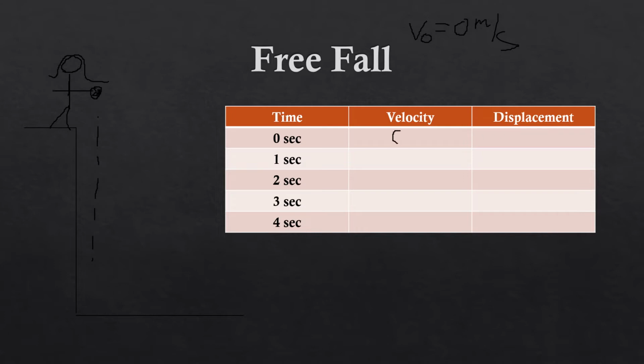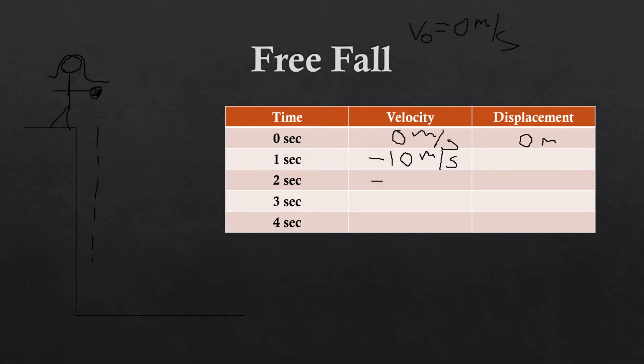So that means her starting velocity is 0, and her displacement is 0 at first because it's still in her hand. She drops it. What pulls it down? Gravity. Gravity pulls it down. So if it's been falling for 1 second, its velocity is now going to be -10 because gravity is -10.